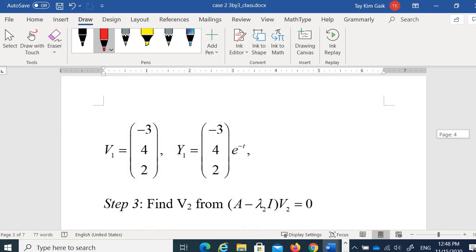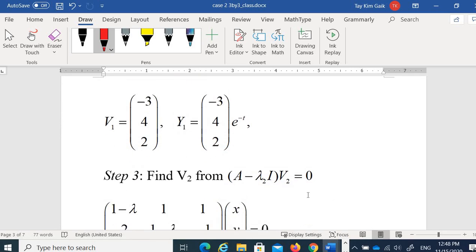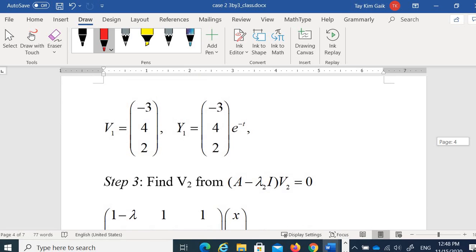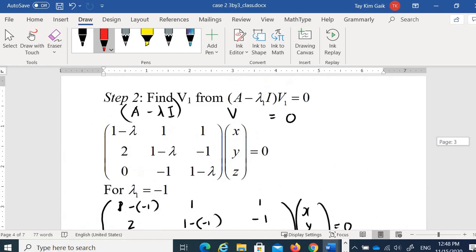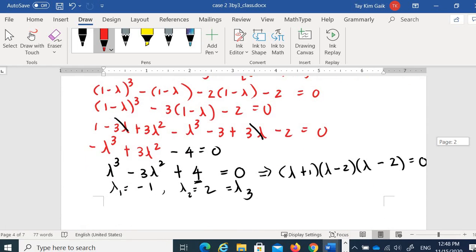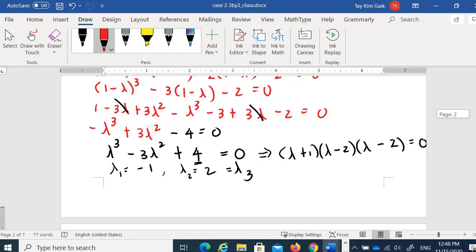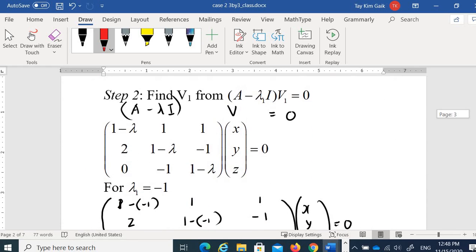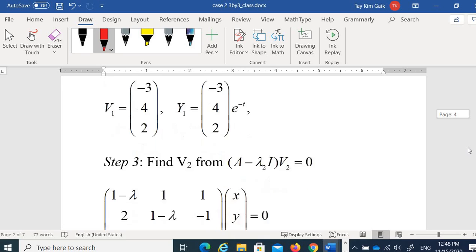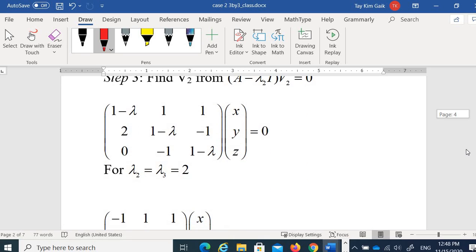And then step 3, find v2 from (A minus lambda 2 I) v2 equal to 0. Okay, just now we have the repeated eigenvalue, lambda 2 equal to 2, also equal to lambda 3. So now you plug in lambda 2 here equal to 2.